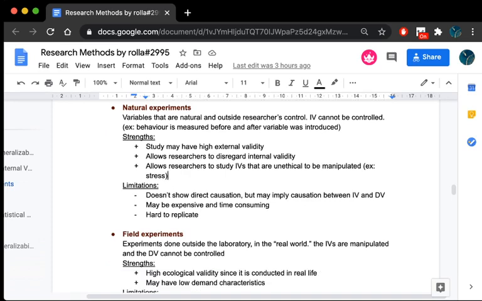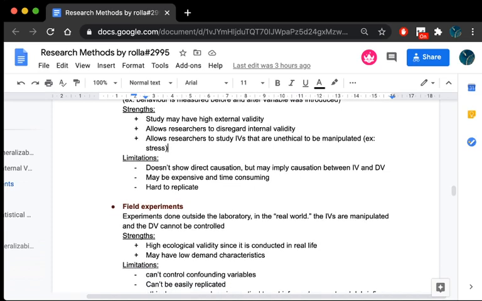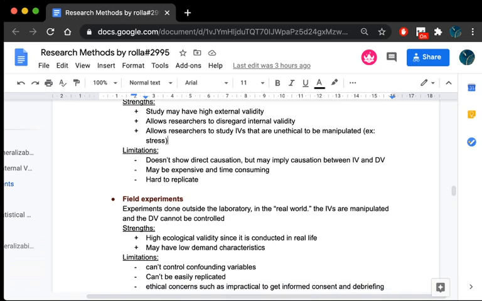But it doesn't show direct causation either, though it may imply causation between IV and DV. It also may be expensive and time-consuming, and it would be hard to replicate because these kind of things happen like once in a lifetime.